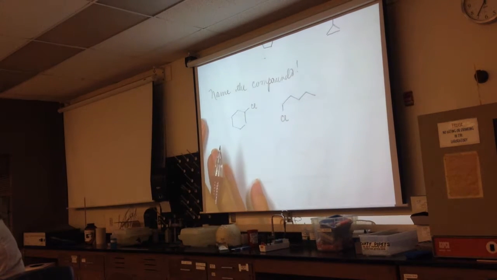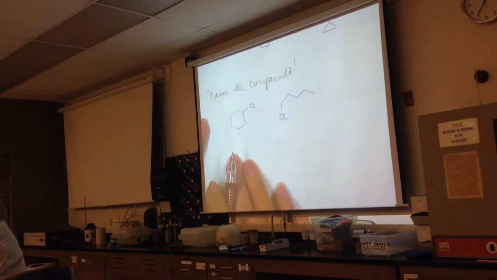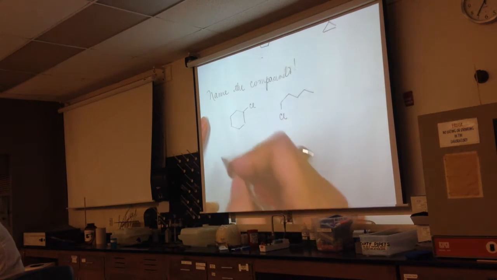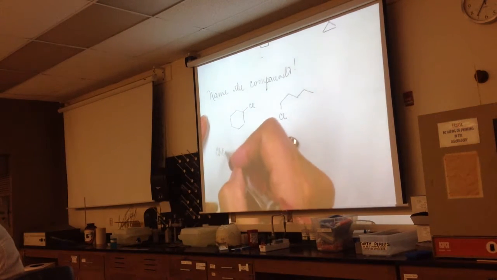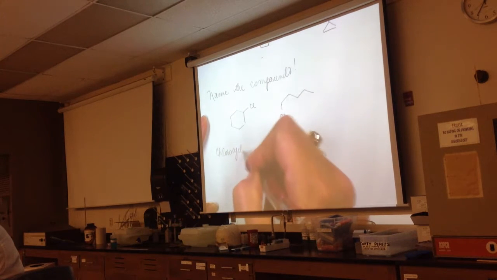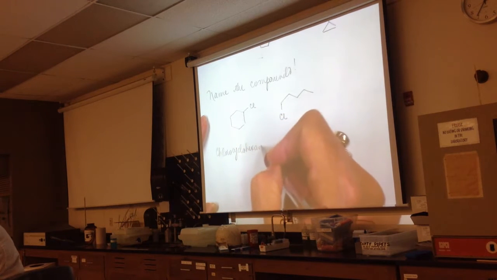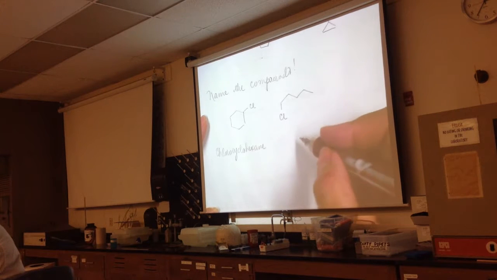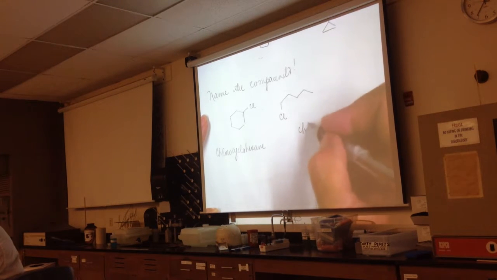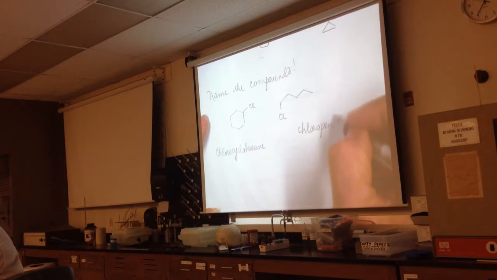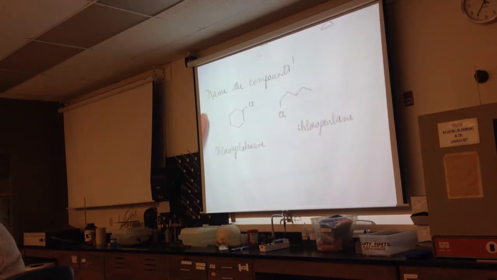So this one on the left is going to be called chlorocyclohexane. This one on the right is going to be called chloropentane. One is correct and the other one is not.